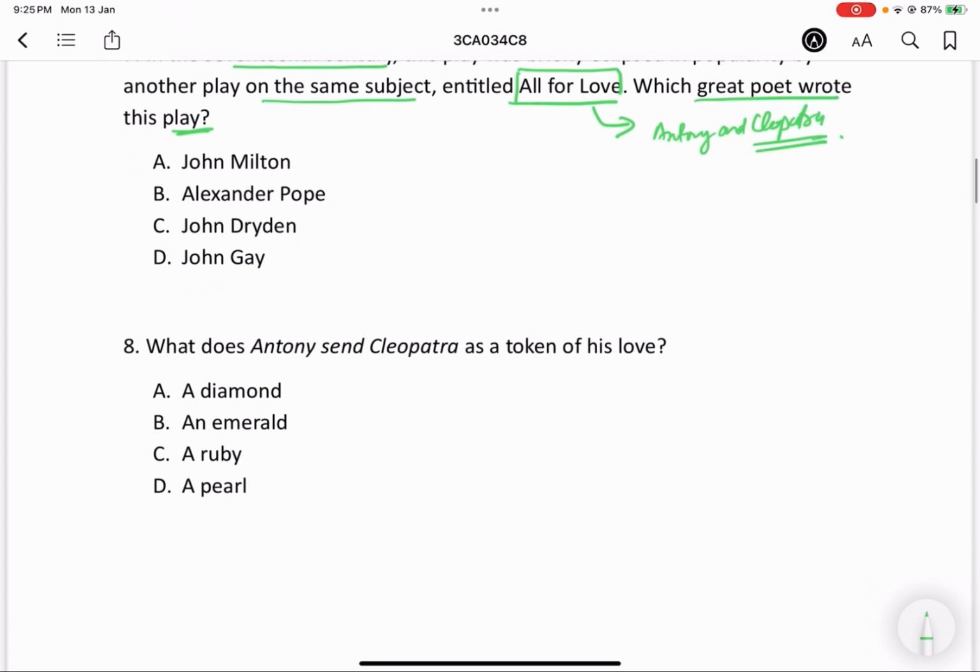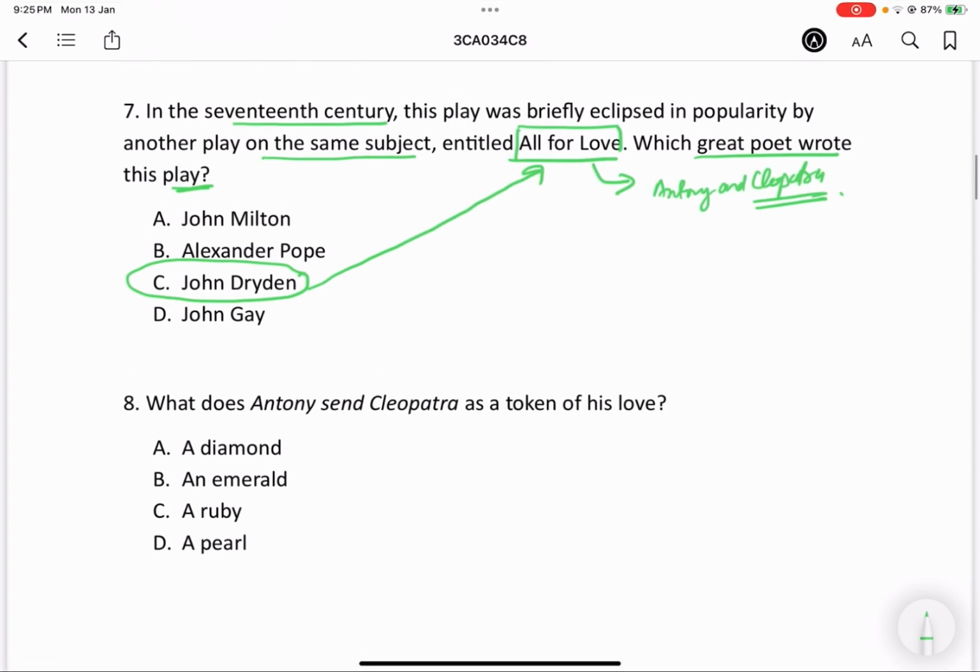So who wrote it? It was option C, John Dryden. It also has another title, The World Well Lost, and All for Love was published in 1677.